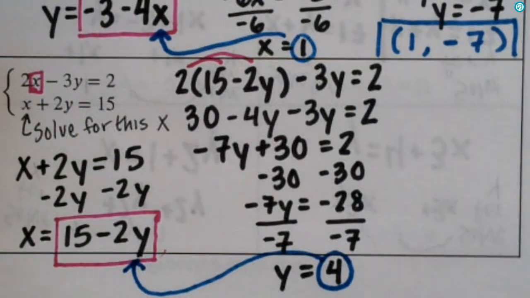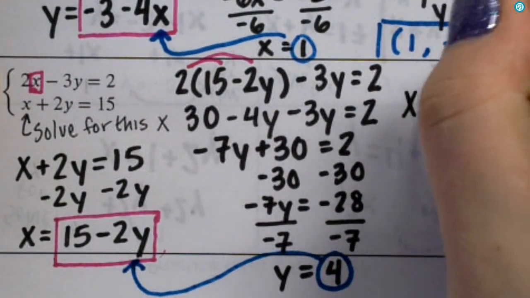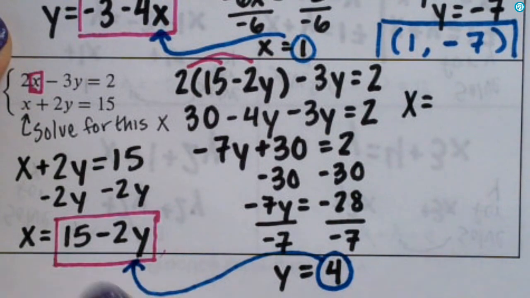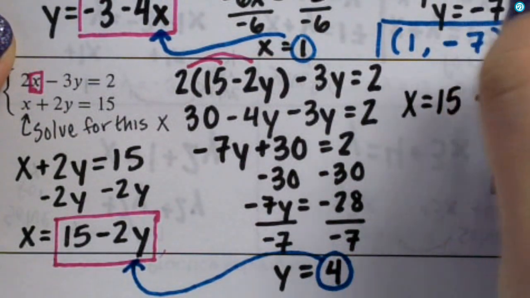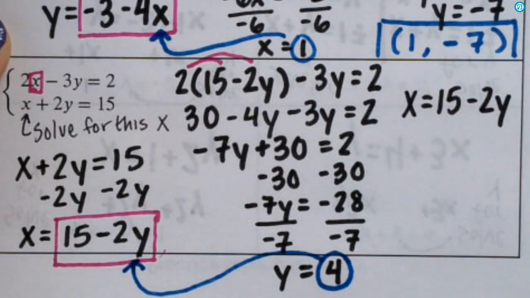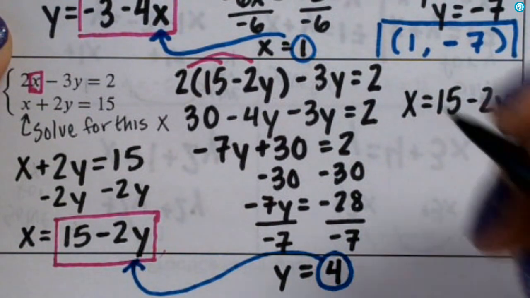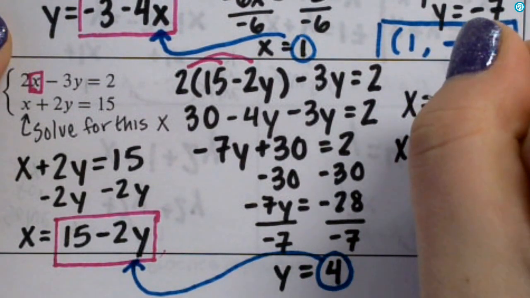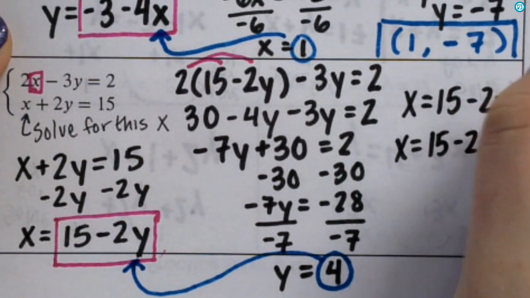So I will have x equals 15 minus 2y. So I'm using my x equals equation to solve for x. And I'm plugging in 4 for y. So that's going to be x equals 15 minus 2 times 4.